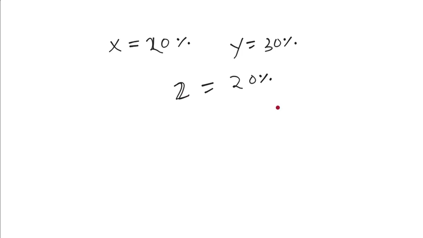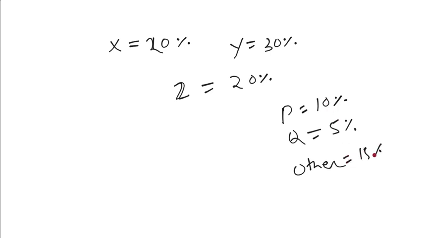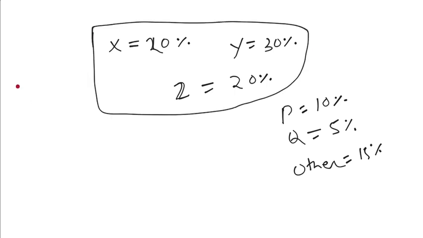Then other P is 10%, Q is 5%, and the rest is 15%. Total analyzed rock is equal to 100%. But we only need these three to represent in an XYZ diagram.